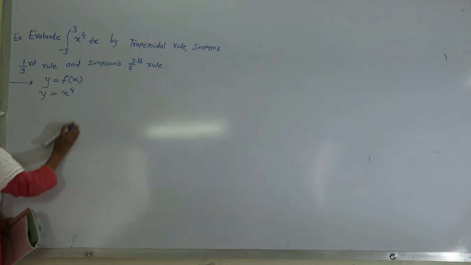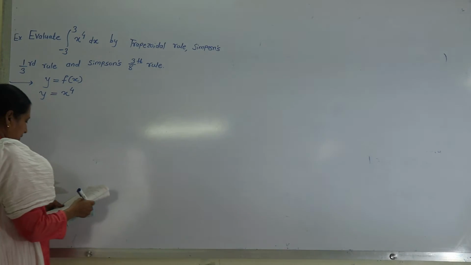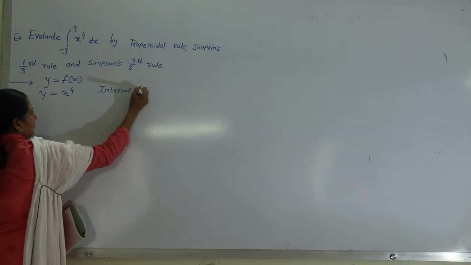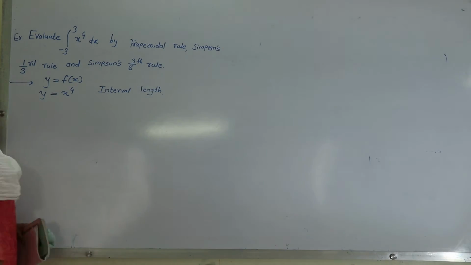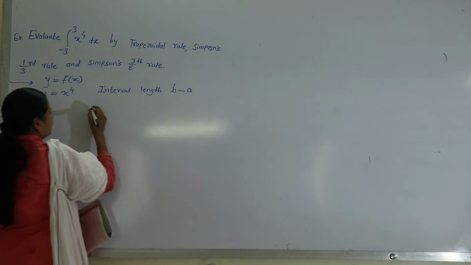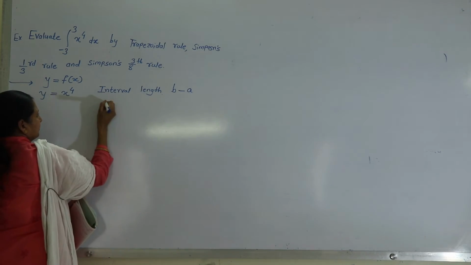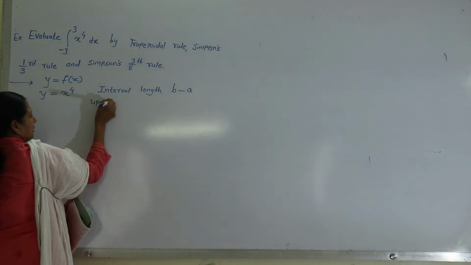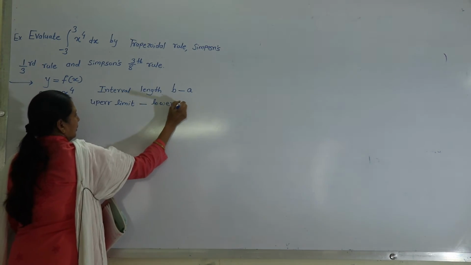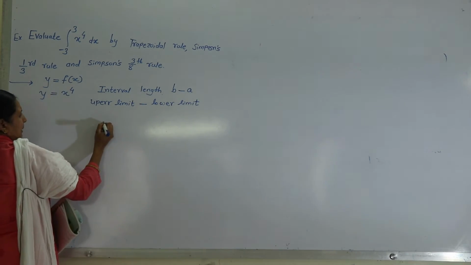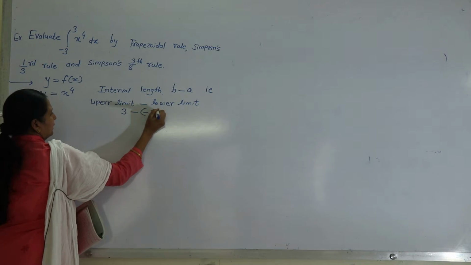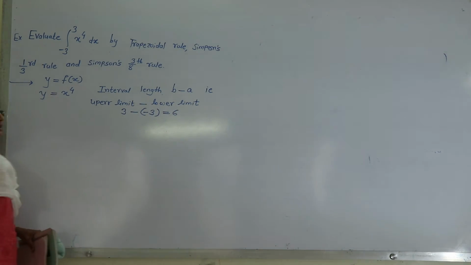Then the interval length is b minus a, that means upper limit minus lower limit, that is 3 minus of -3, that is equal to interval length 6.